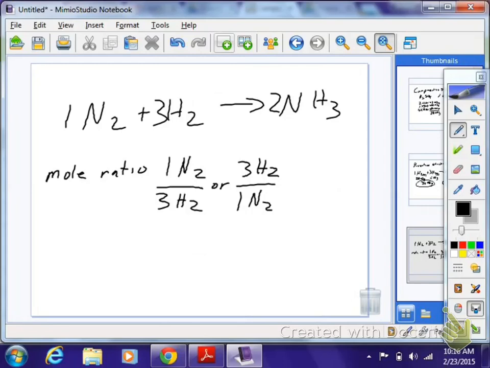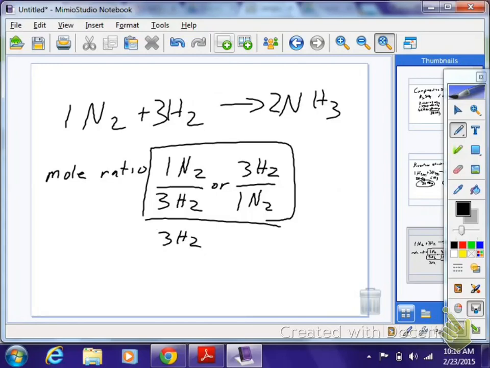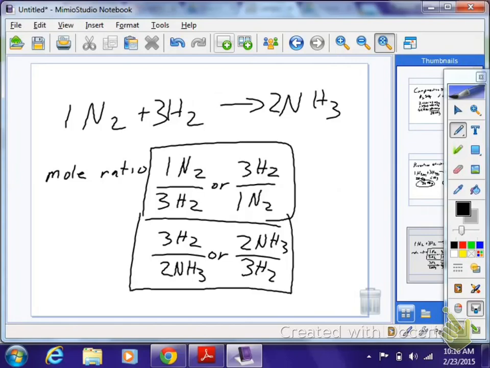So we can say for every 3 hydrogens, you get 2 ammonias out. Or you could write it for every 2 ammonias, you have 3 hydrogens. So you could write it that way too. And that would be the mole relationship between just 2 different reactants and products.